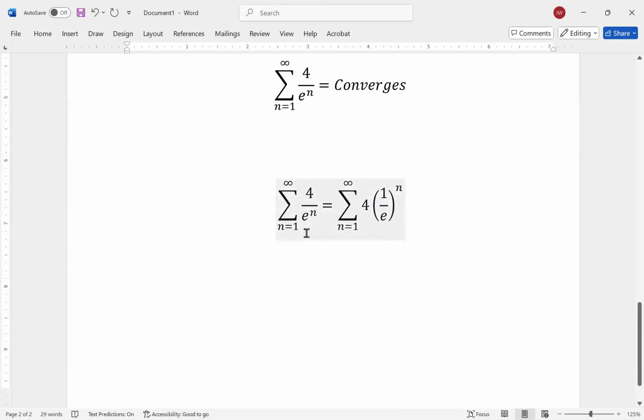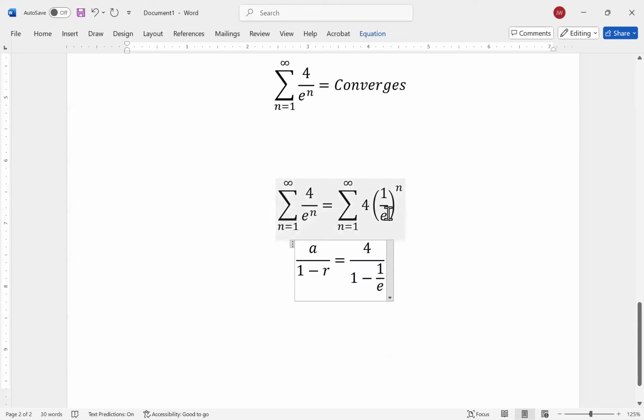If I had started at 0, if n were equal to 0, then we would know that this converges to a over 1 minus r. So if I do a over 1 minus r, that gives me 4 over 1 minus 1 over e in this case, because my r is 1 over e.